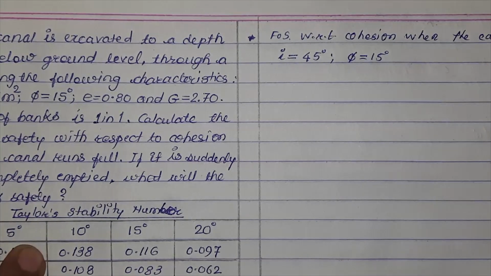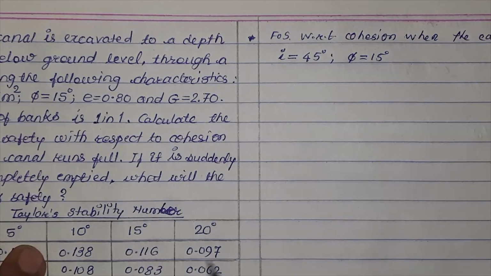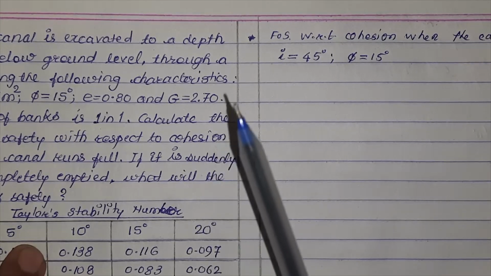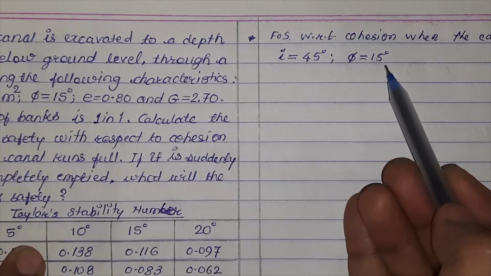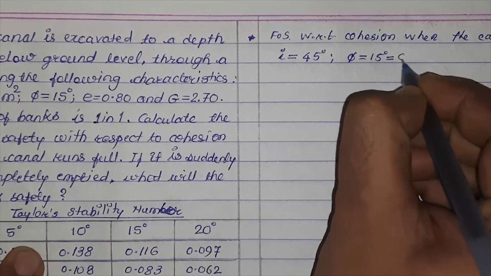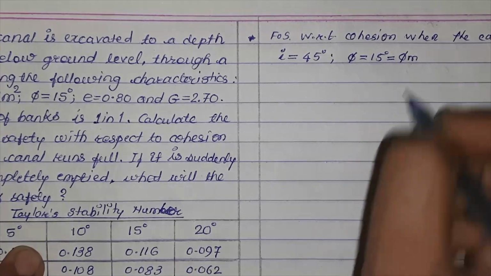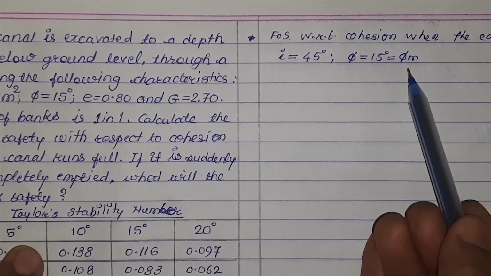In such situation where factor of safety is to be calculated for cohesion, and this method of Taylor's stability number is based on the concept of fully mobilized angle of internal friction, this phi equals 15 degree is further termed as phi m, that is mobilized angle of internal friction. So 15 degree itself will be phi m.